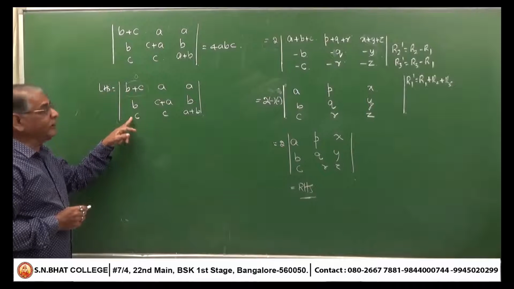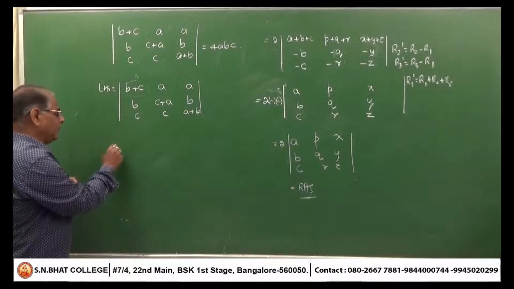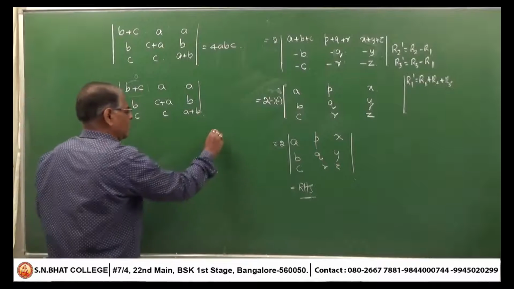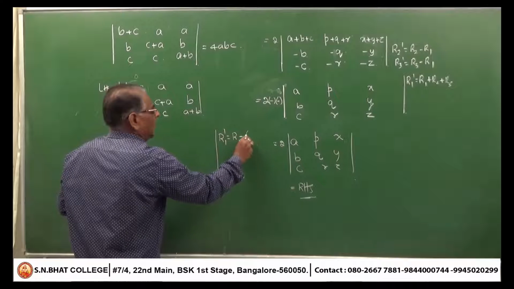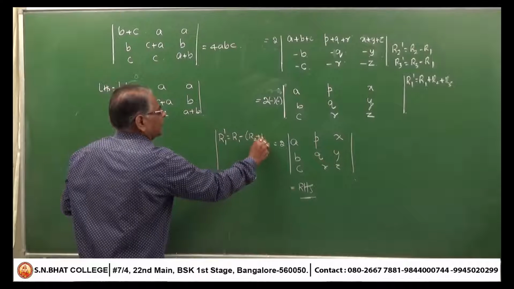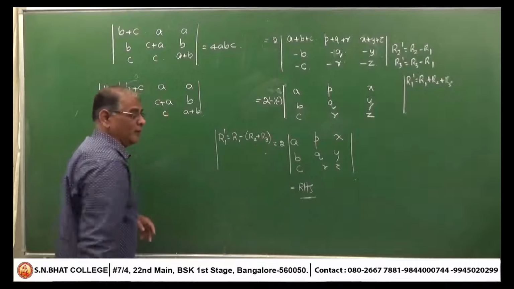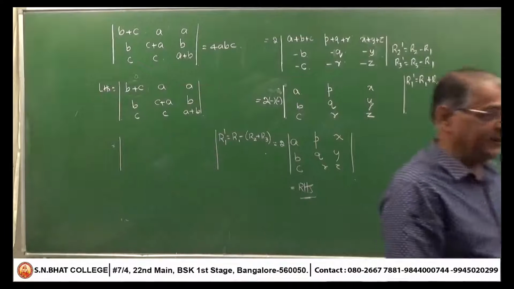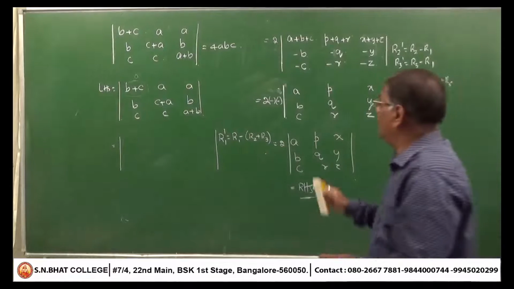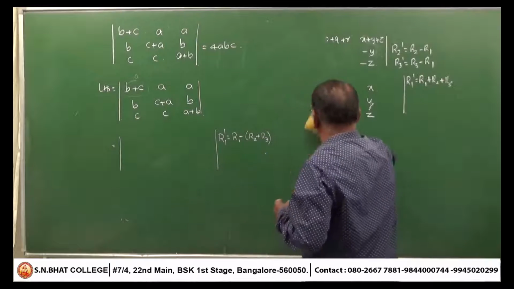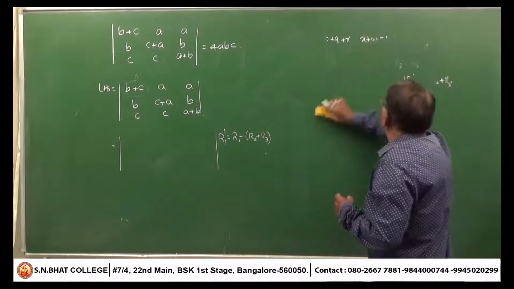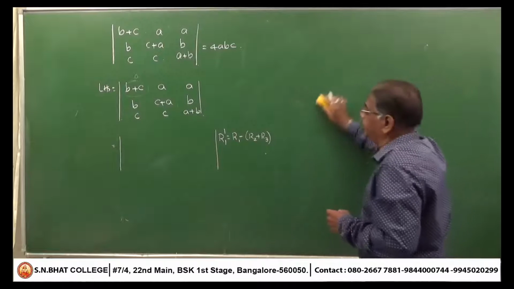Add this to R2 plus R3, subtract from R1. That is R1 dash is R1 minus of R2 plus R3. Why we have to do this operation: where there is sum of two terms, you have to make that element to be 0.